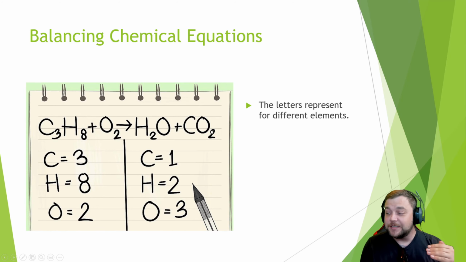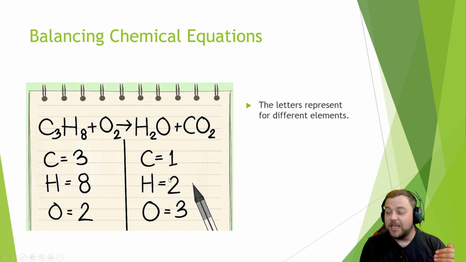So I would have 6 oxygen right here, and I would have 3 carbon. I would want to write that down. I now have 6 oxygen and 3 carbon. And then I look at this and I'm like, oh, well, I need 8 hydrogen. I need 8 H's. So what do I multiply the H2 by to get the 8? You want to multiply that by 4, okay?